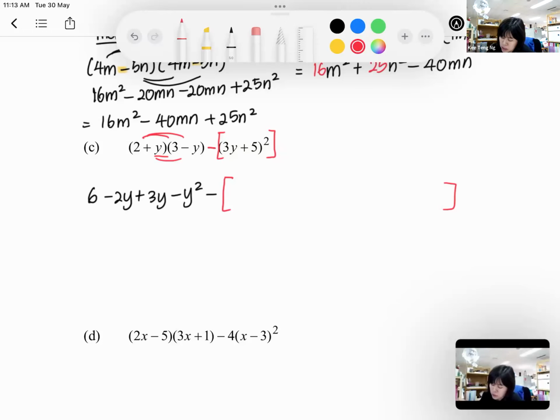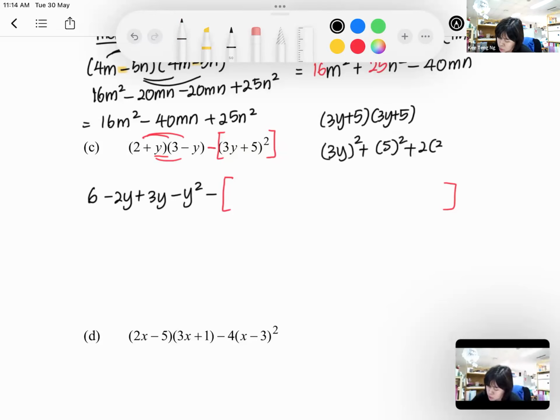Okay, then for this, you can do 2 methods. You can do (3y plus 5) with (3y plus 5), or you can do (3y) squared, 5 squared, 2ab. All right, I'm going to leave you to do the working on your own.